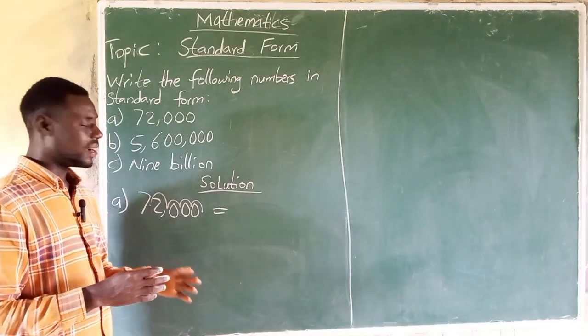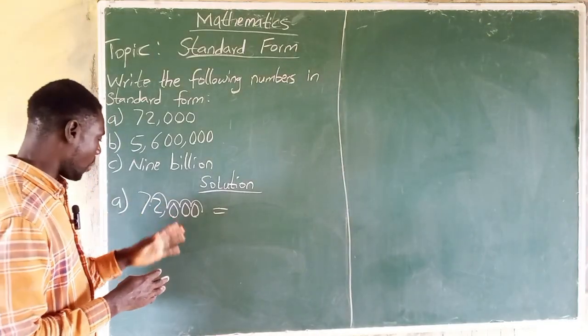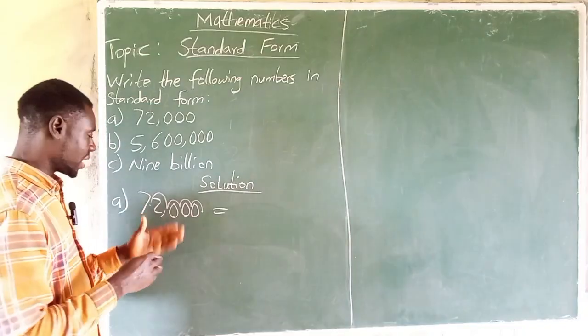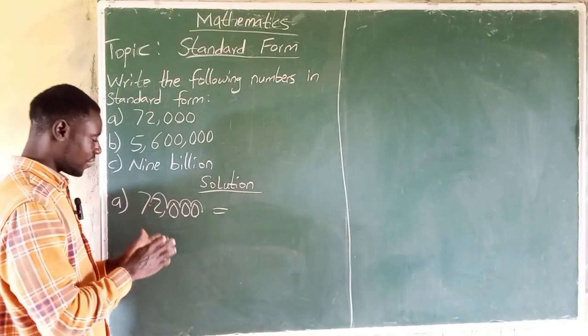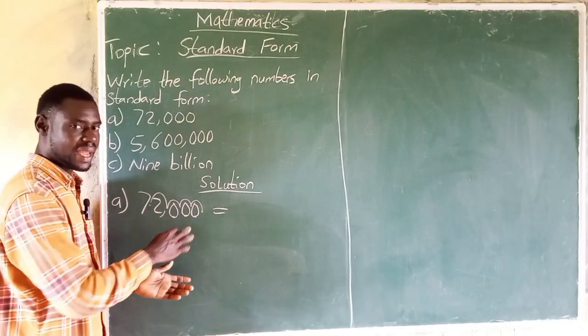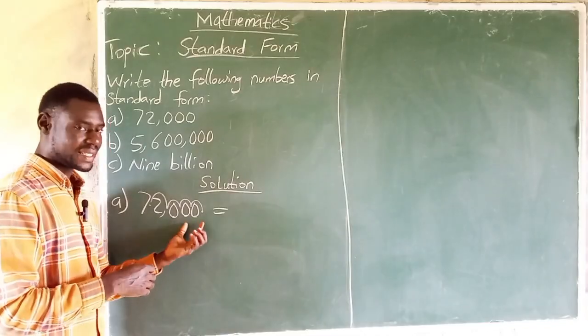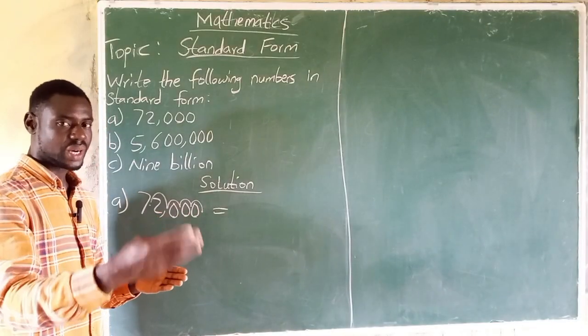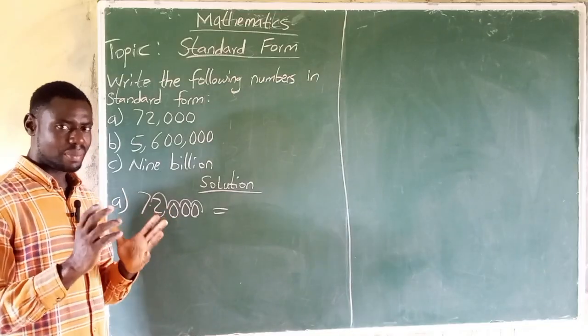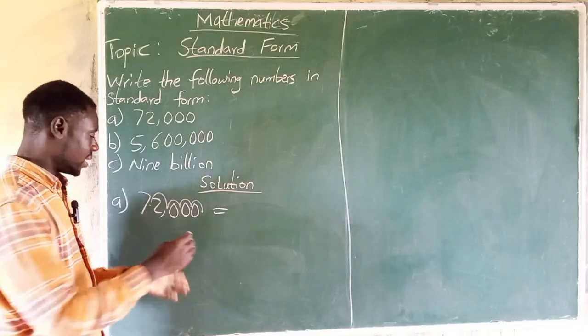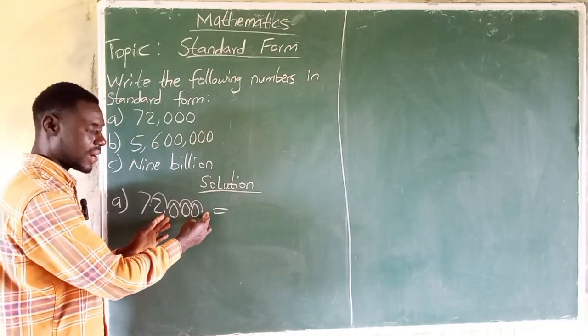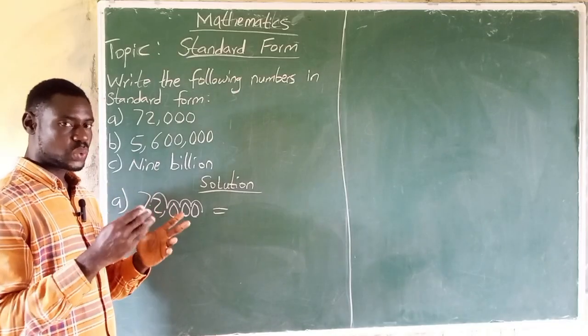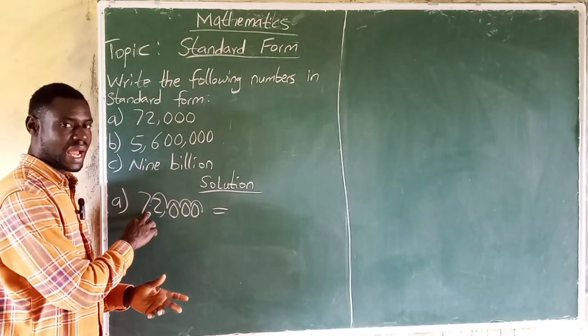In standard form, these three zeros are not significant figures. The significant numbers are 1 to 9, and there is no 1 to 9 in between the zeros. So the only significant figures we can take here are 7 and 2.